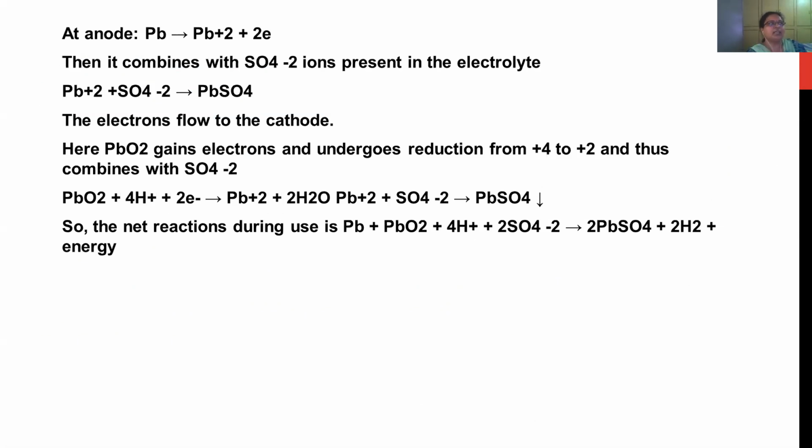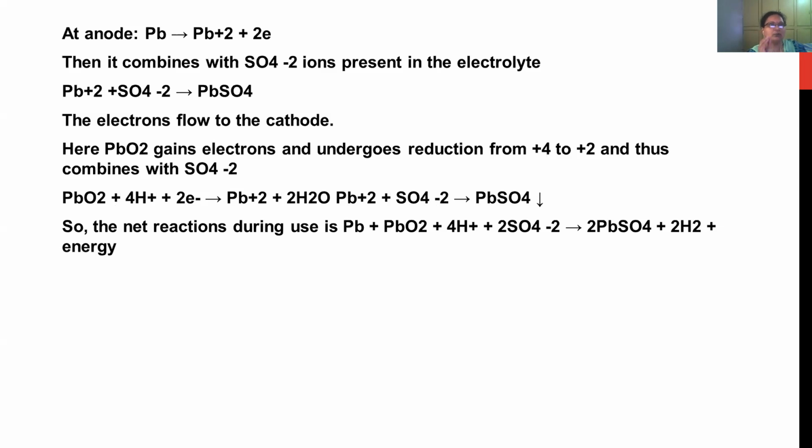Then the lead dioxide takes up these 2 electrons given up from the anode to form Pb2+ and 2H2O. Again this Pb2+ has a tendency to react with the sulfate ions to form lead sulfate. So at the anode we get lead sulfate, and at the cathode also we get lead sulfate.